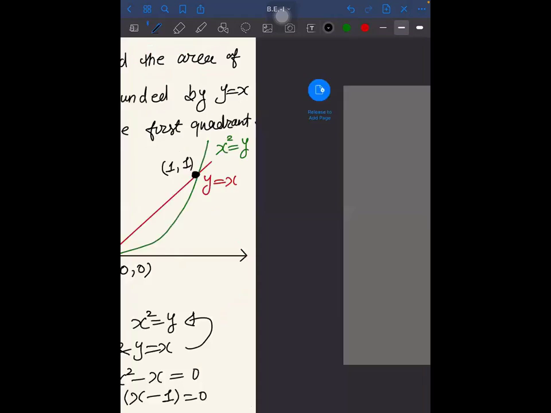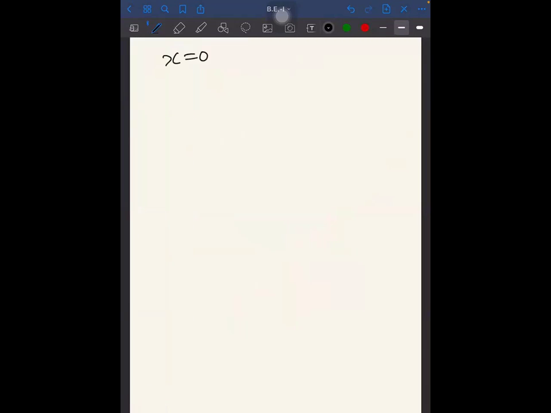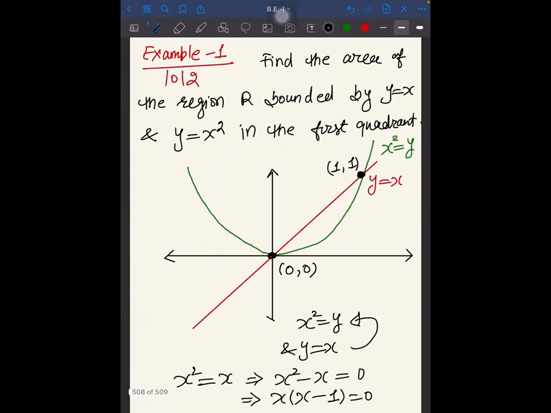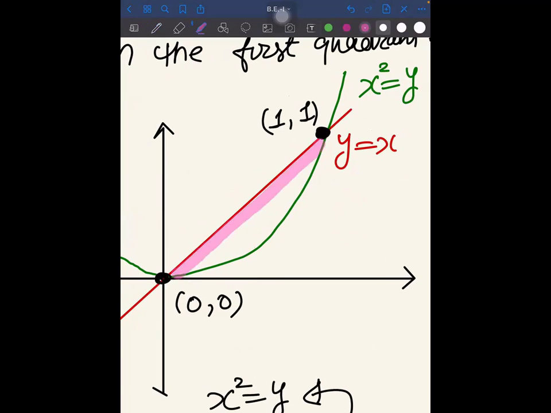Either x is 0 or 1, and since y is equal to x, y is also 0 and 1. So the points are 0, 0 and 1, 1. This is your region and you want to get the area of this region.